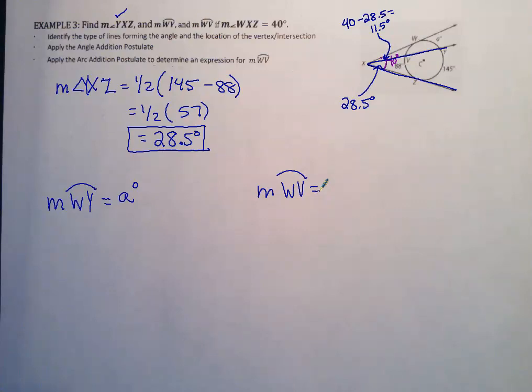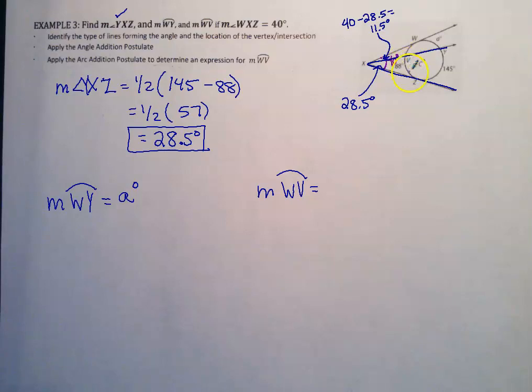There's nothing there, right? So what about if we look at the whole circle? Well, the whole circle equals 360, and we know this is 88, right?